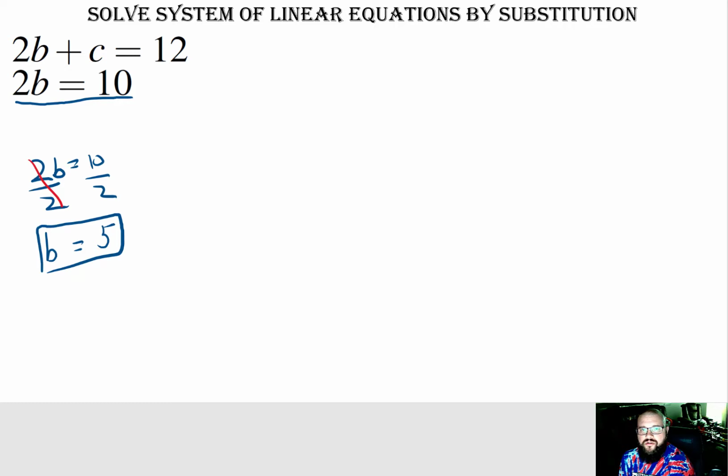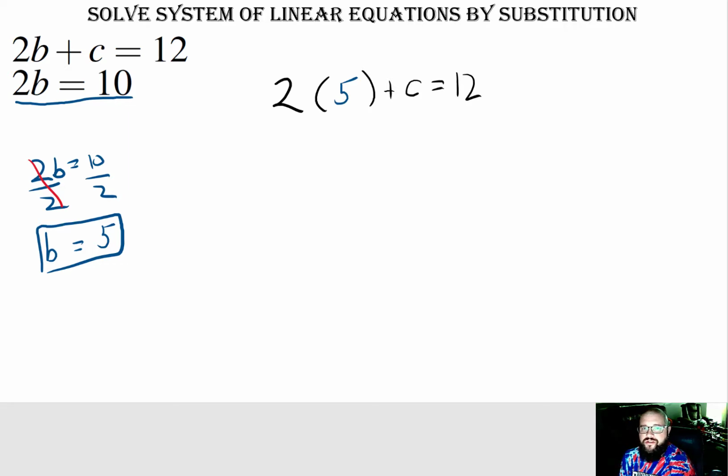Then let's go to that top equation. Let's plug this b value into 2b plus c equals 12 and solve for c. We take 2 times our b value of 5, plus c, equals 12.